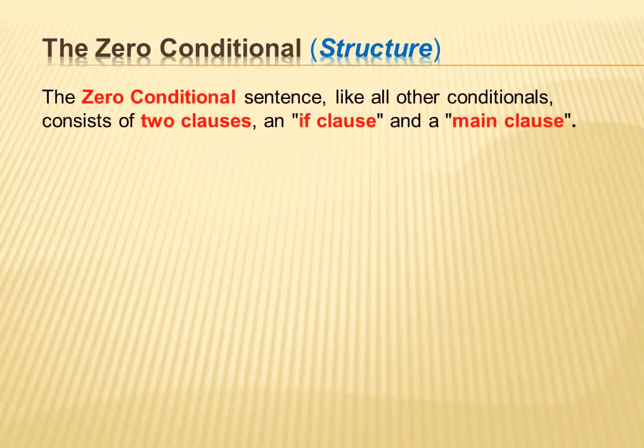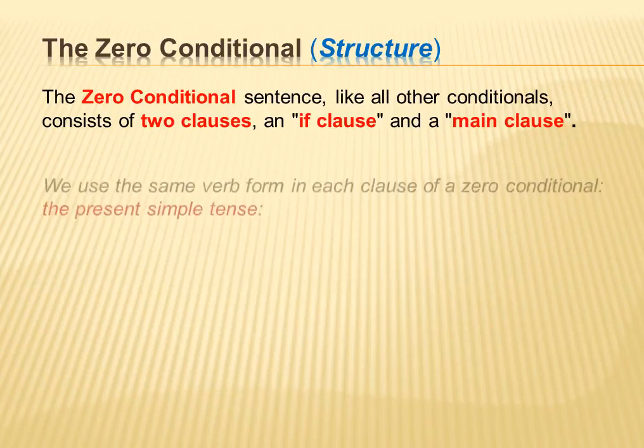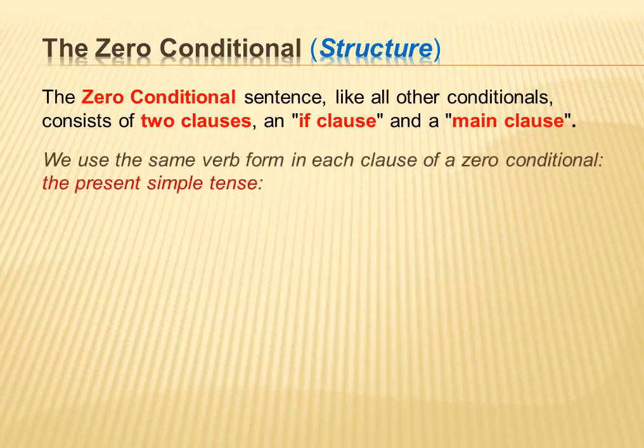This zero conditional sentence, like all other conditionals, consists of two clauses: the if clause and the main clause. You have to put them together to become one conditional, which you call the zero conditional. We use the same verb form in each clause of the zero conditional: the present simple tense.